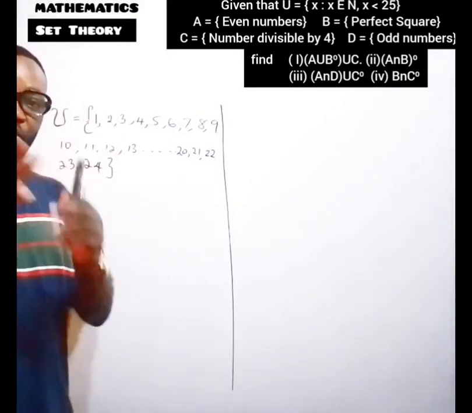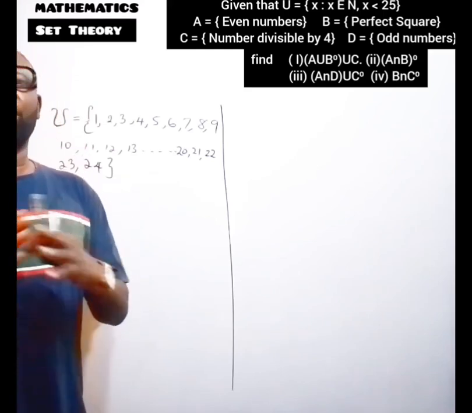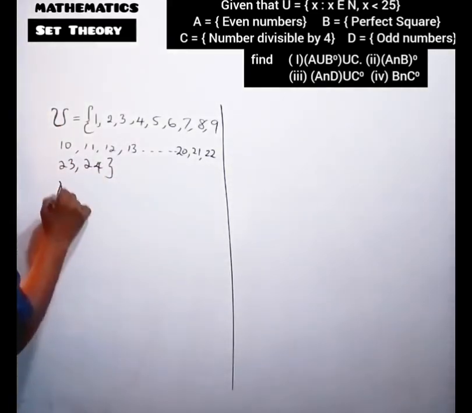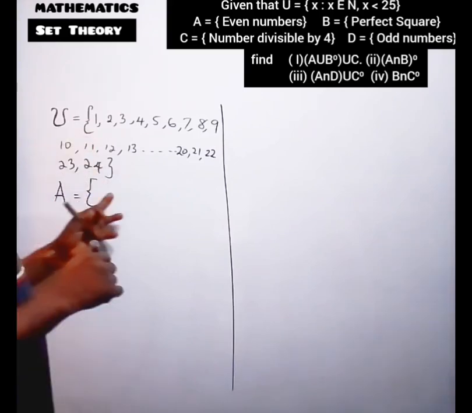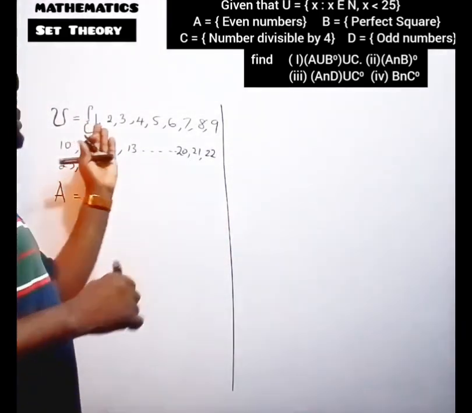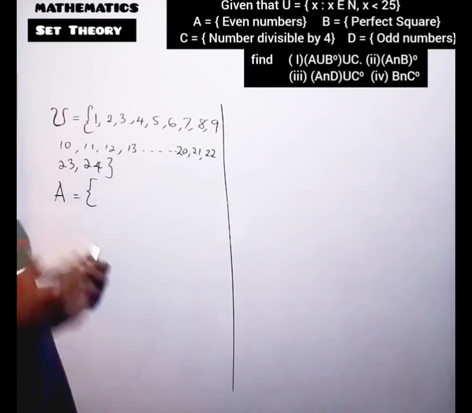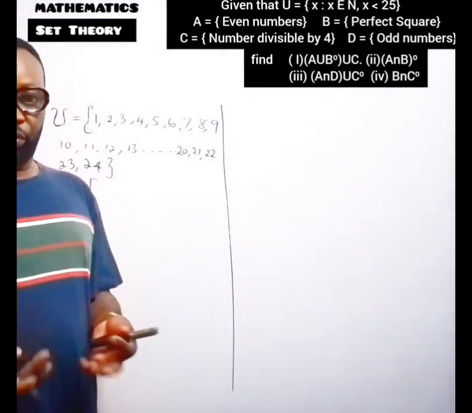And according to what we have here, A is given as the value of what? Even numbers. That is what is given to us. Now, what are the values of even numbers between 1 and 24? The even numbers are the values that are multiples of 2.